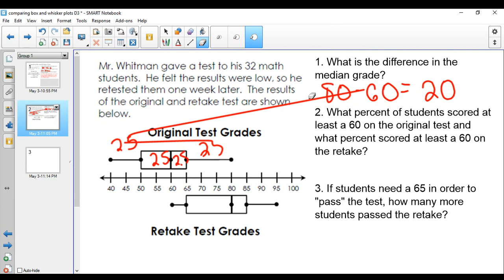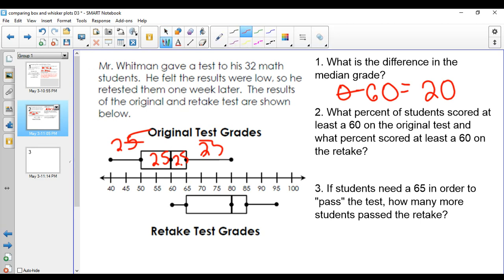So as we were saying, 50% scored at least a 60 on the original test. On the first test, only half of the class scored above a 60. Now let's look at the retake. Well, here's 60 on the retake, and it looks like that the entire class, or 100%, scored above a 60.